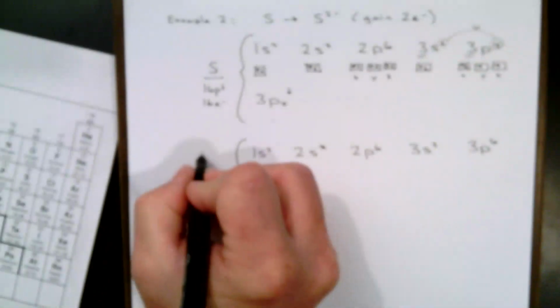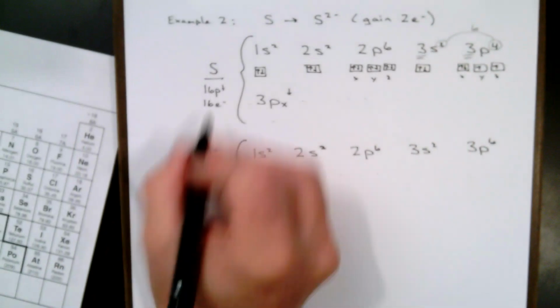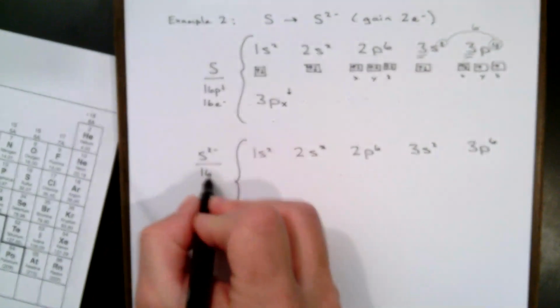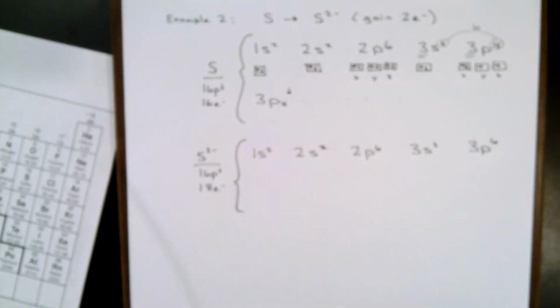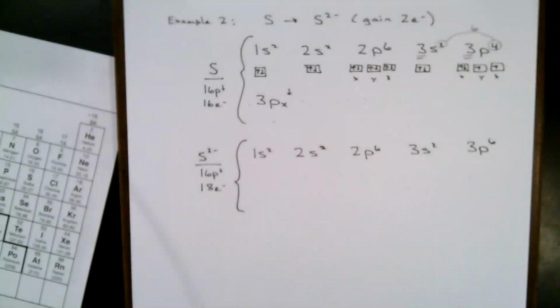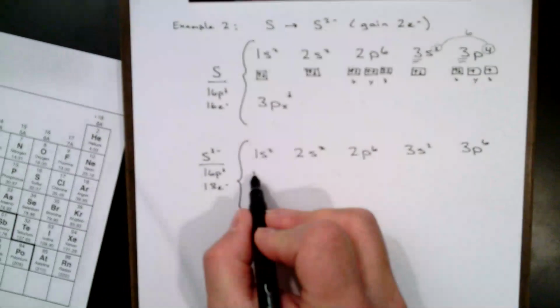Remember, this is the ion of sulfur, S with a 2 minus, which will still have 16 protons, but now it will have 18 total electrons because we are adding 2 electrons into that 3p.